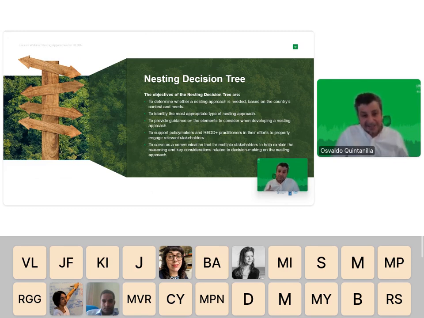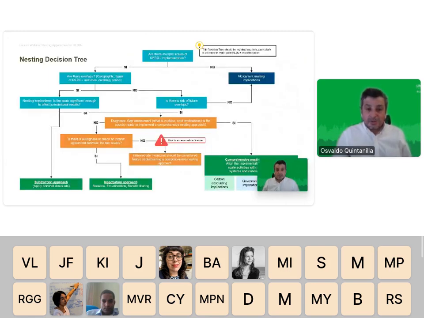It offers practical guidelines and key elements to consider when developing a nesting approach, supports policymakers and practitioners in engaging stakeholders effectively, and serves as a communication tool to clearly explain the reasoning and considerations behind nesting decisions to stakeholders involved. So let's walk through the tool that helps countries decide if, when, and how to implement this nesting approach.